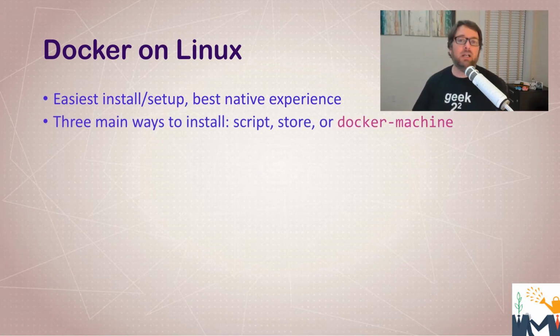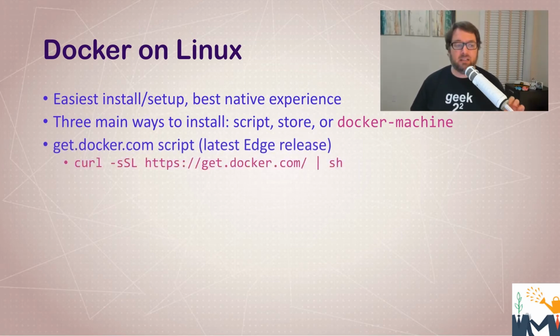So there's three main ways to get Docker on Linux, and it might not be what you expect. The first one is through a script. That's actually using a curl script. It's my preferred way, especially when I'm installing it just for testing or playing around with it, because it does use the edge releases, which are not the stable production-y version. They're more of the beta monthly releases.